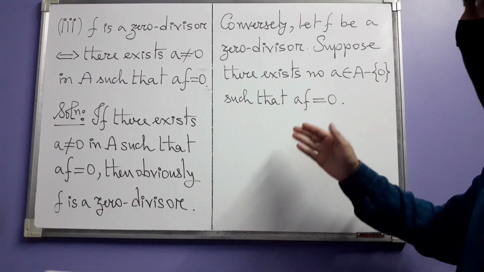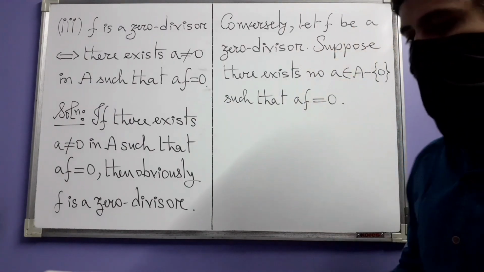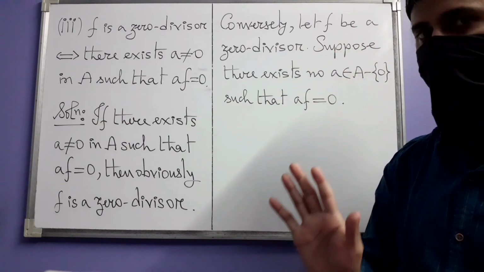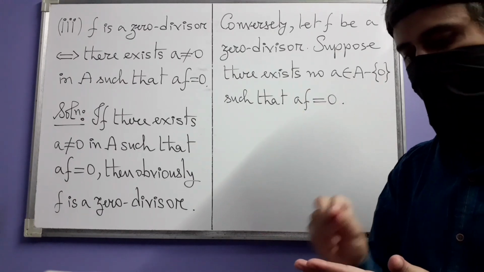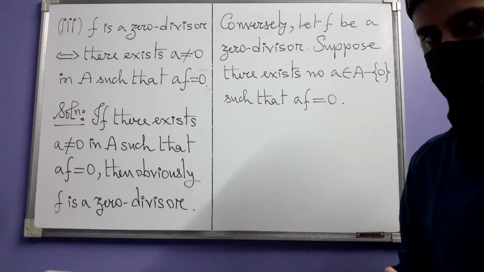But we already have the condition with us. This is our hypothesis that f is a zero divisor. So there will be a g, some polynomial g in A[x] which is not equal to 0, but such that fg is equal to 0.